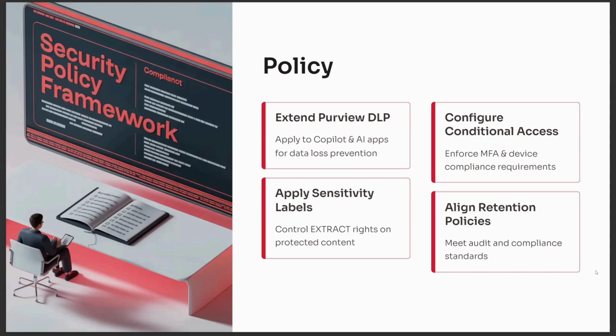And the good thing is that when you put on a sensitivity label, and let's say you apply it to some users, and there are documents you are encrypting or securing that you don't want anyone to see, even if some users try to put a prompt in Copilot, they won't be able to see it because that information is not scoped to them. So these are the key things that you need to put in place.